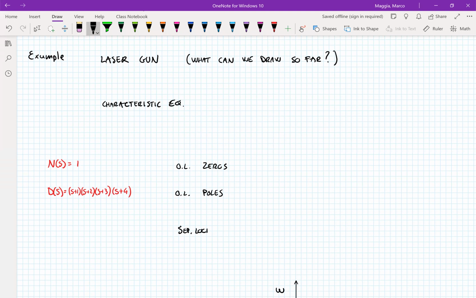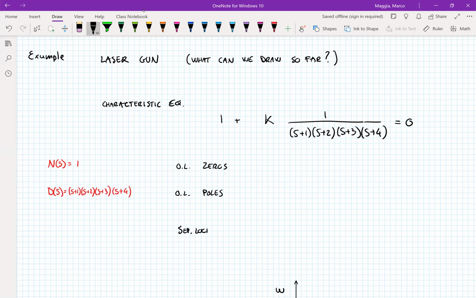Let's recall that the characteristic equation was 1 plus k times 1 over (s plus 1)(s plus 2)(s plus 3)(s plus 4), all equals 0. So here it's very convenient because the characteristic equation is already written in the canonical form and it's already factorized. So steps 1 and 2 are already taken care of.